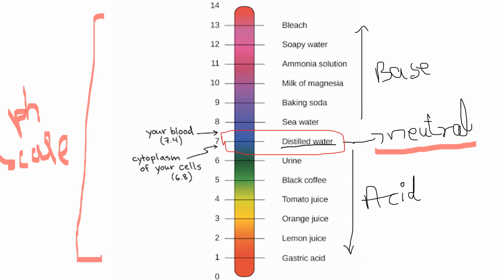Our blood comes on the basic side with a pH of 7.4. It is slightly basic, and the thing that is slightly acidic is the cytoplasm of your cell.